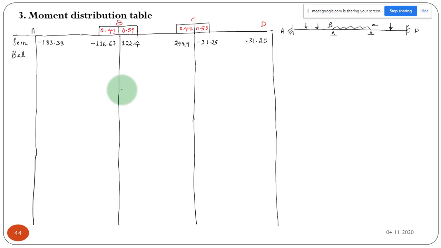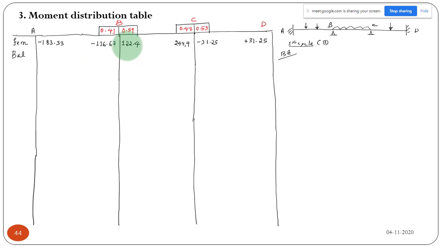Now it is simple. I will do only one or two cycles, because we cannot do so many calculations on the slide. For the first cycle, I am writing small because I have to write more. Take joint B. How will you find the distributed moment for BA?